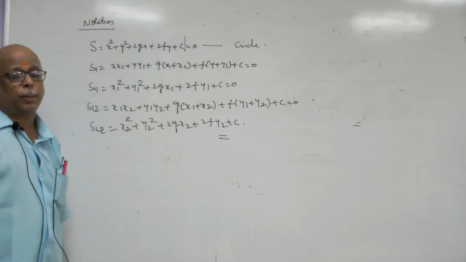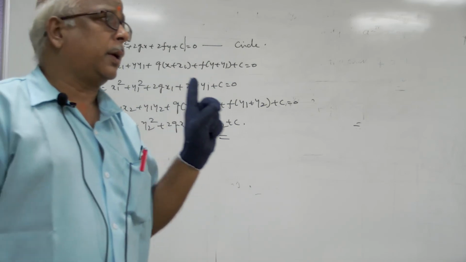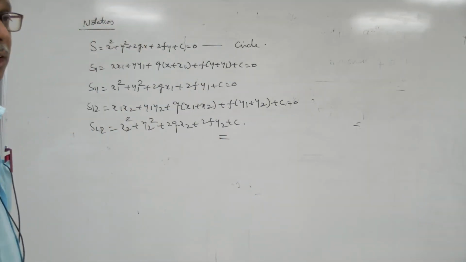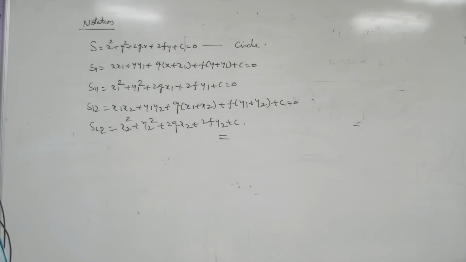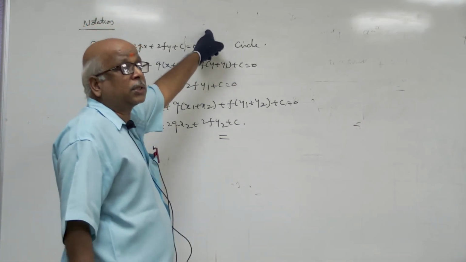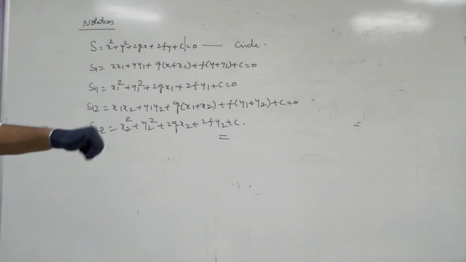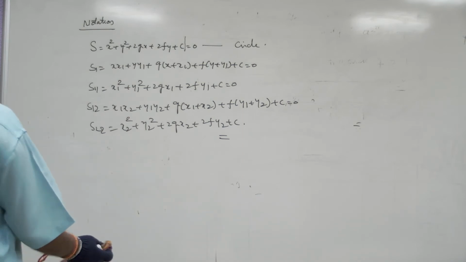Only x square plus y square plus 2gx plus 2fy plus c will be denoted by S, and xx1 plus yy1 plus g into x plus x1 plus f into y plus y1 plus c will be denoted by S1, like that. If it is supported by equal to 0, the first one represents a circle, the second one represents a tangent, like that, one by one. Most of the points are there. You will come to know in the next coming classes.